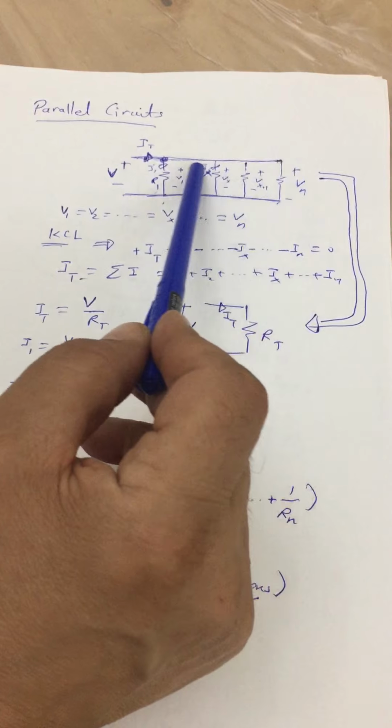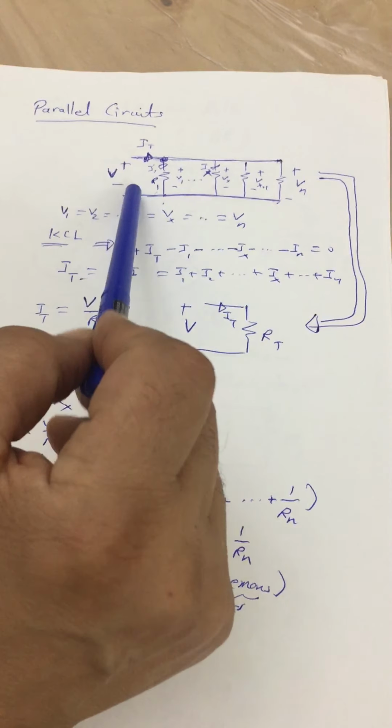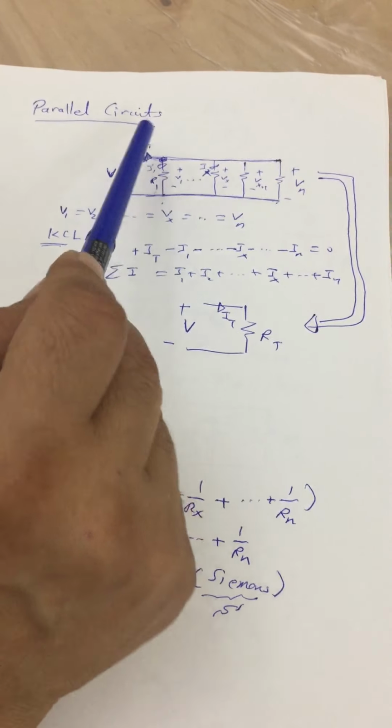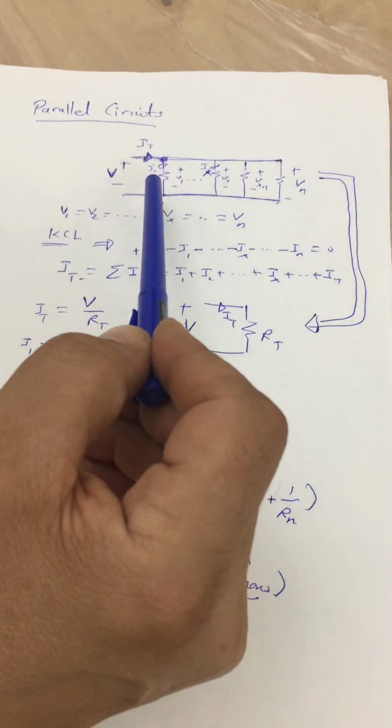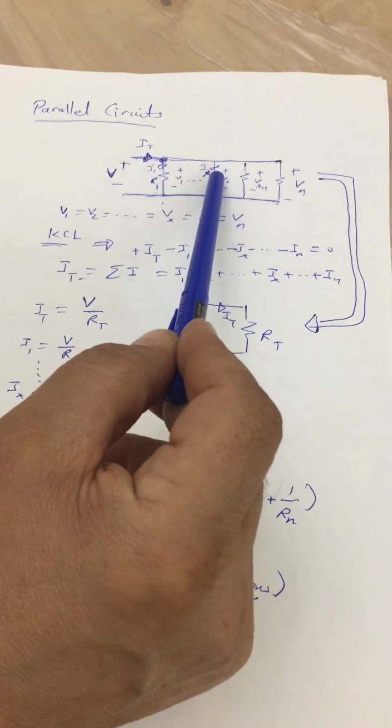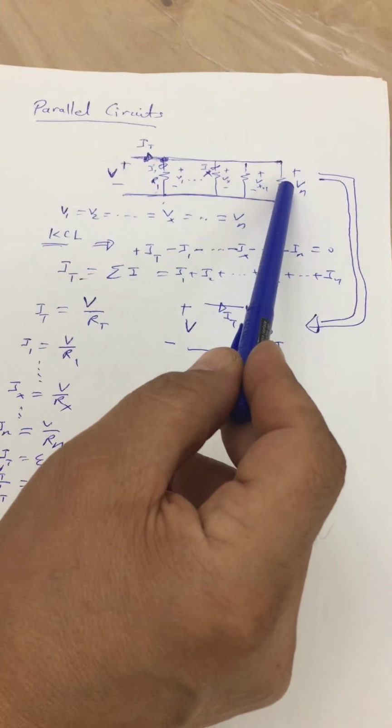So all elements are connected to a common voltage source. So the voltage across R1 is the same as the voltage across Rx, the same as the voltage across Rn.